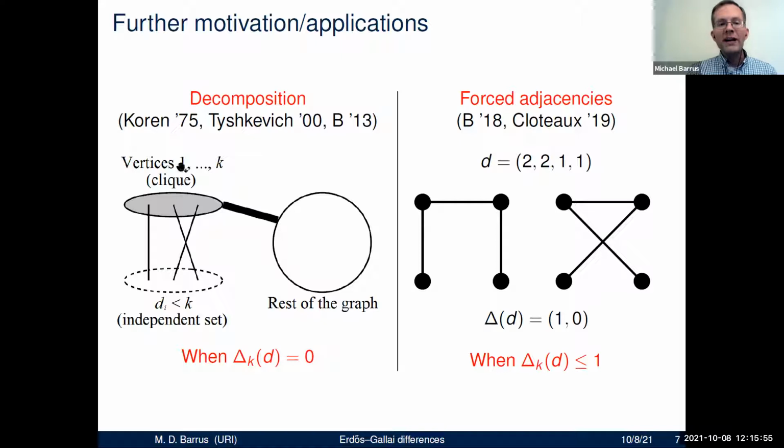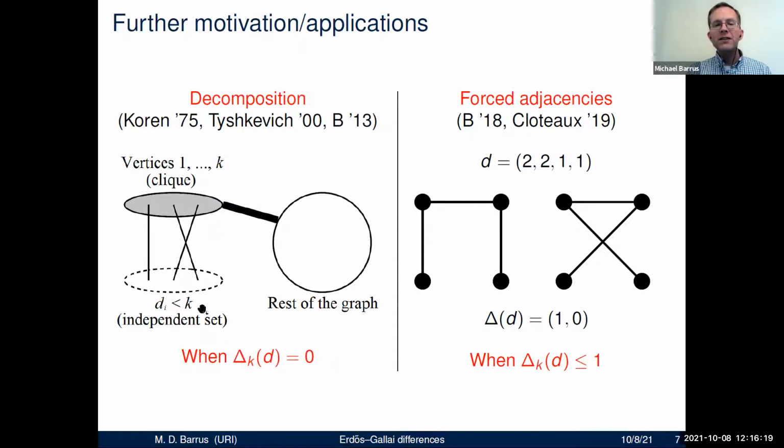Now, I believe Koren actually was talking about the differences. So remember what we said, that if the very last of these principal differences was equal to 0, then you're looking at a split graph. If one of the earlier differences equals 0, then what happens is, if k is the index, the k vertices of the largest degree form a clique.